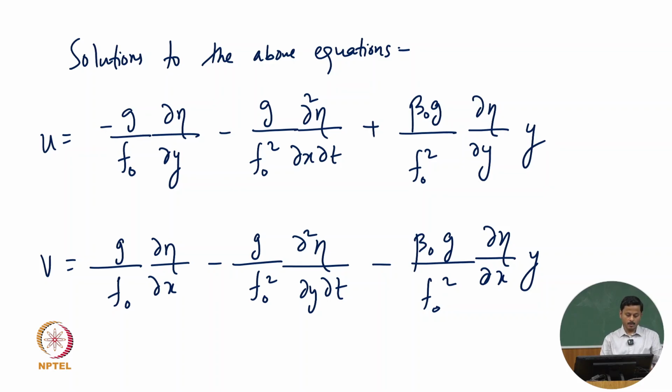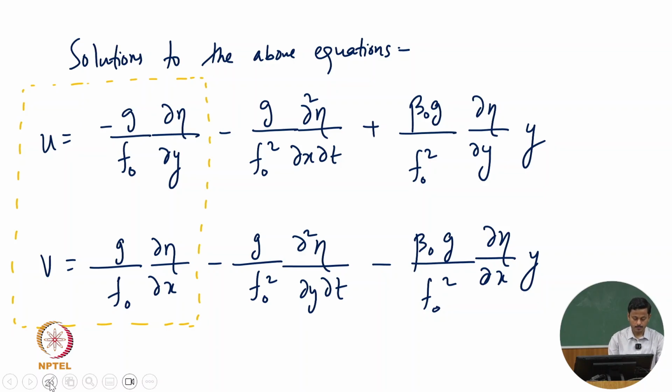Now we have two kinds of terms here, one that is important for us to distinguish. The first part, the first terms that you see are nothing but the geostrophic velocities.